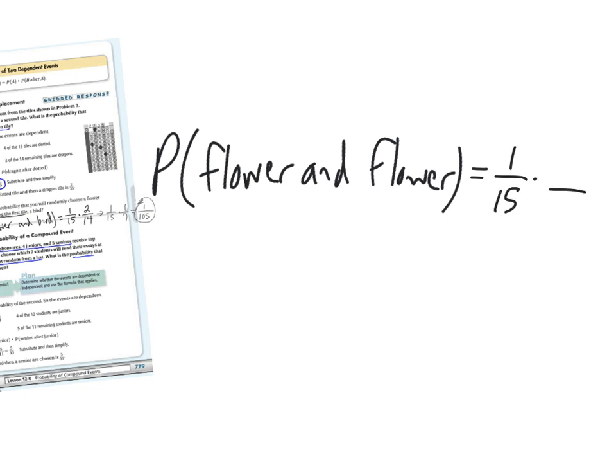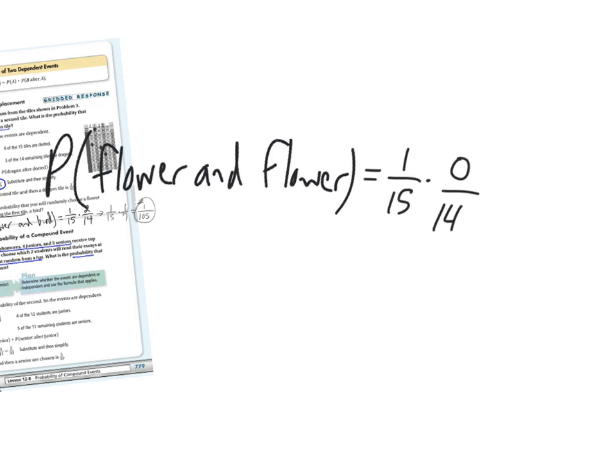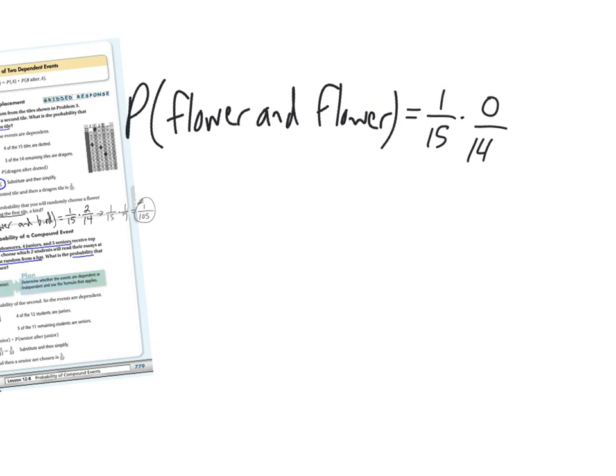And then if we don't replace it, there was only 1 flower there to start with. So now we have 0 out of 14. If you multiply that, 1 times 0 is 0. So you're going to have 0 out of something. Doesn't really matter. 0 out of anything is going to be a 0. So no chance that we're going to pick 2 flowers if we only have 1 flower to begin with, without replacement.